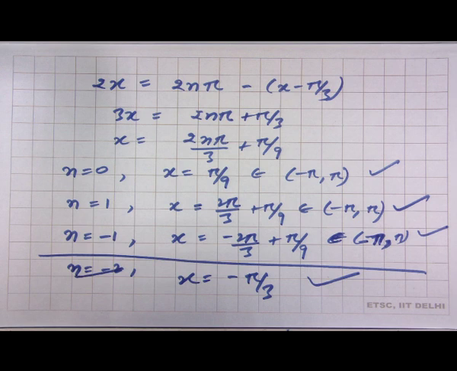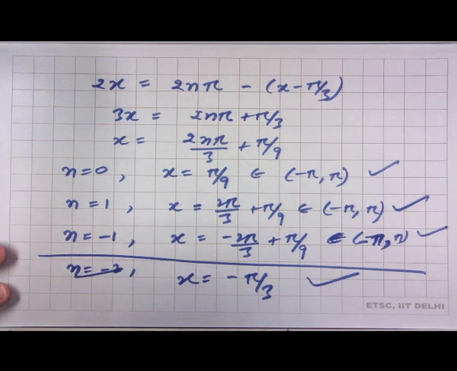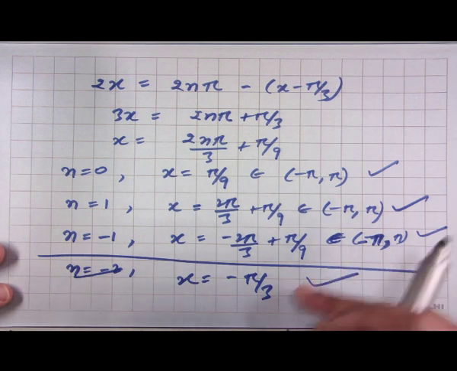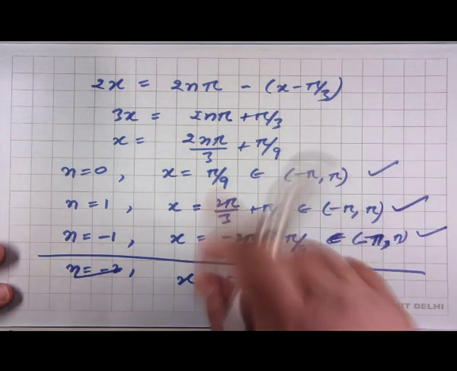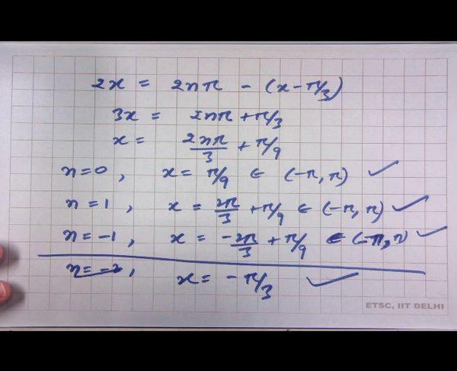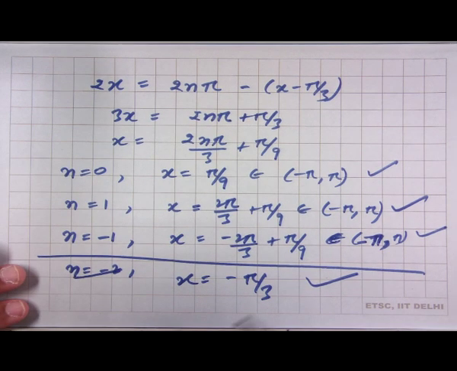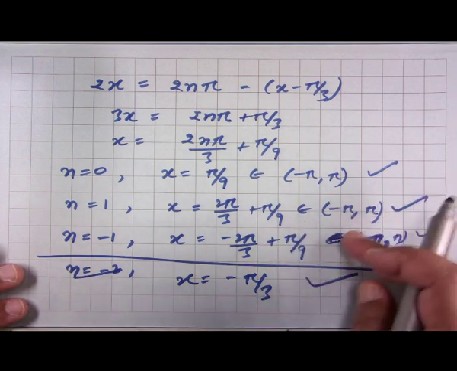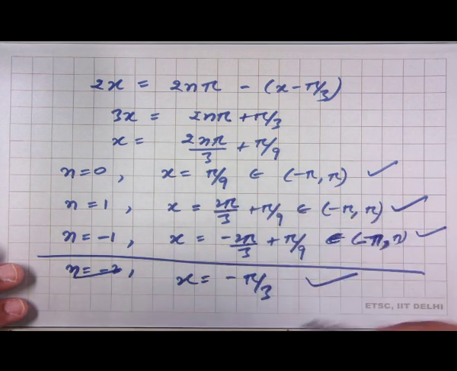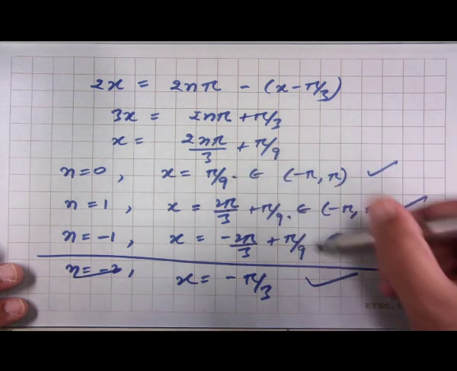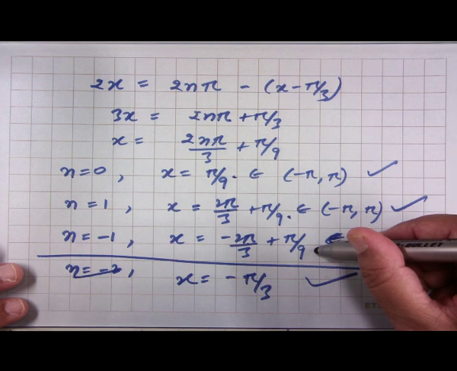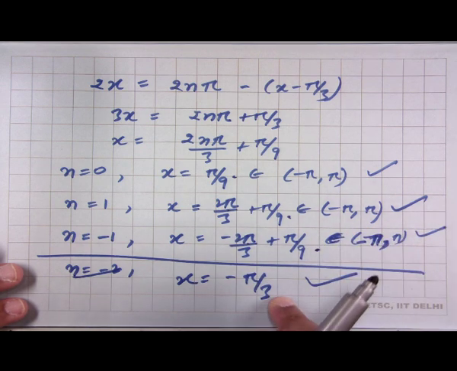And then, if you remember, we were actually asked to find the sum of all the distinct solutions. So as we can see, all of these solutions are actually distinct. None of them is equal to the other. And when we take their sum, of course this and this will cancel, and when you add this and this and this, we will get pi by 3, but that when added to this will give us 0.